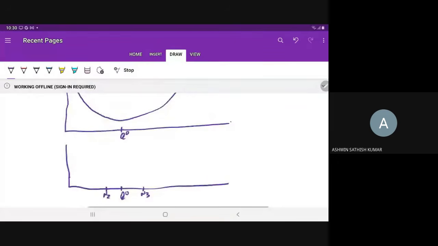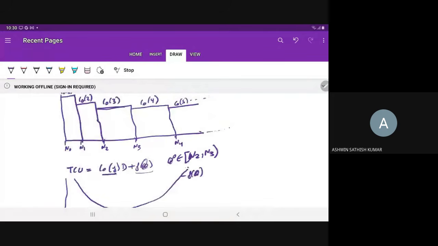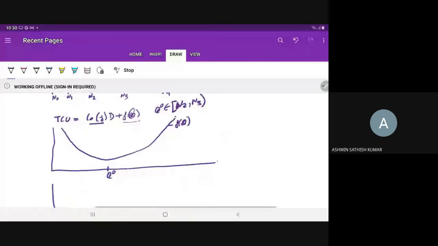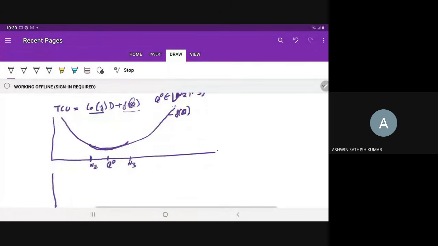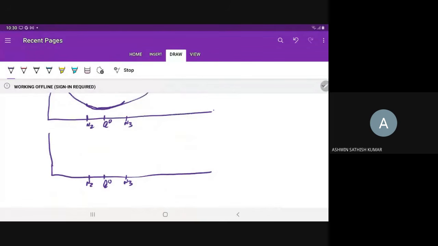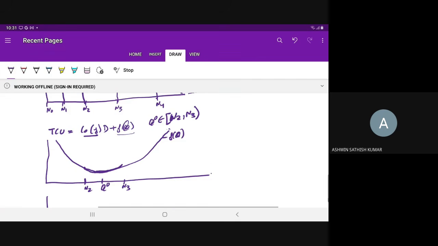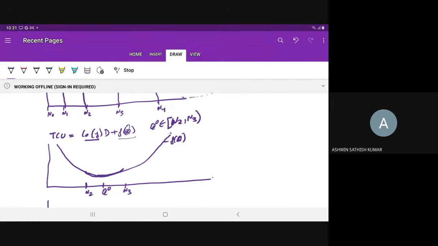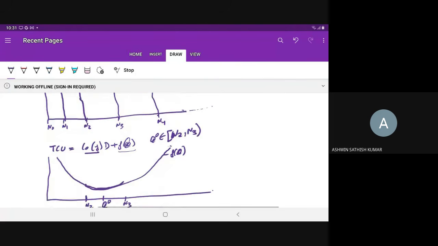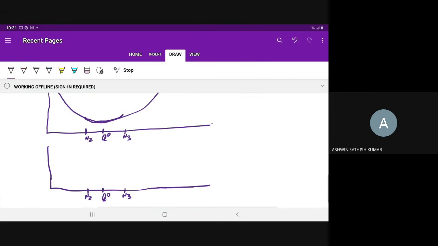If you combine C naught 3 into D plus FQ between N2 and N3, can you tell me what will be the shape? The shape of the FQ is convex in this interval, and C naught J into D is constant. So constant plus convex remains convex. So its shape will be like this.